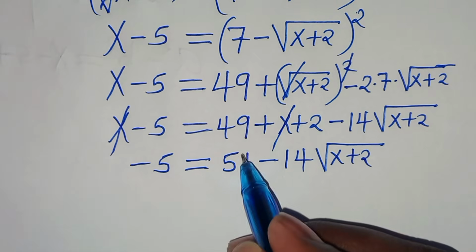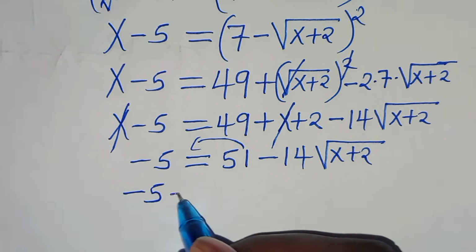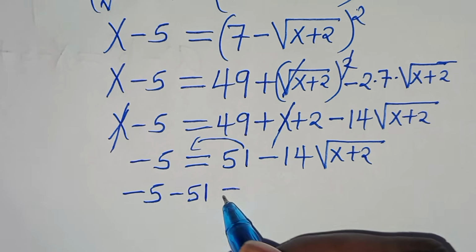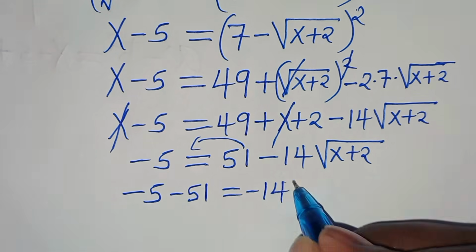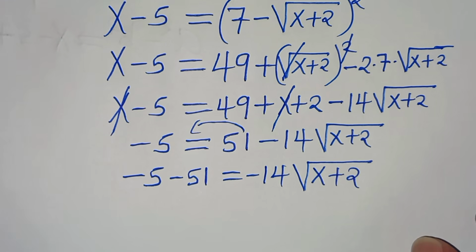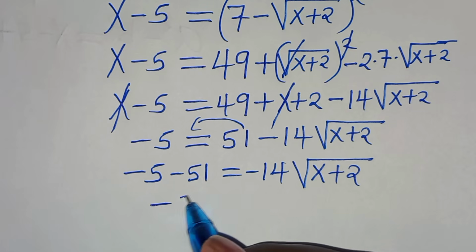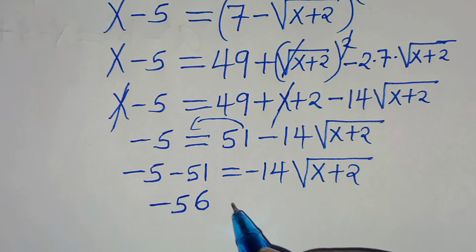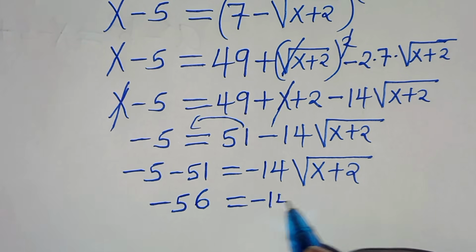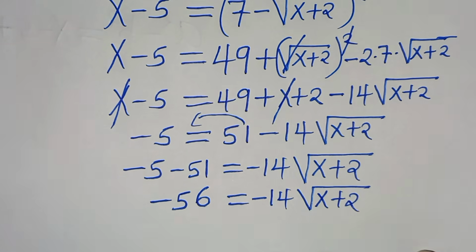The next step is to take 51 to the left hand side so that we have negative 5 minus 51 equal to negative 14 square root of x plus 2. So minus 5 minus 51 is minus 56, which is equal to negative 14 square root of x plus 2.